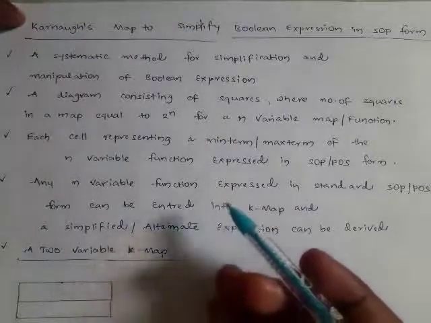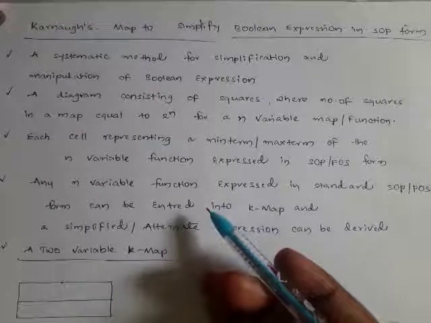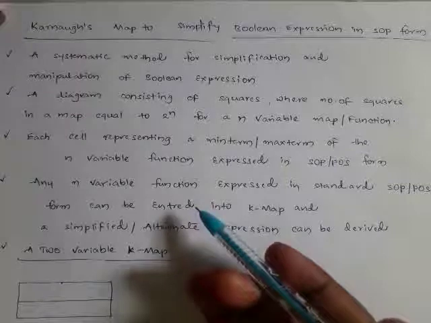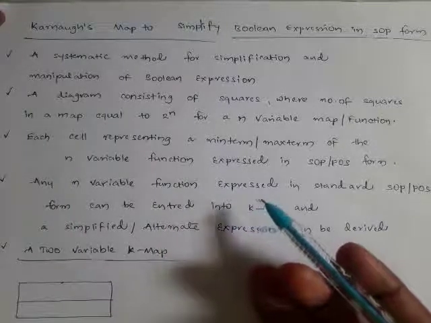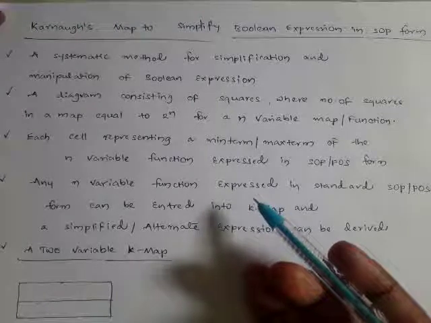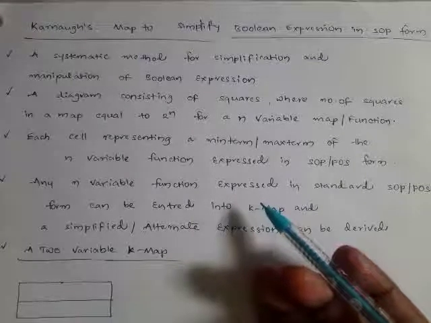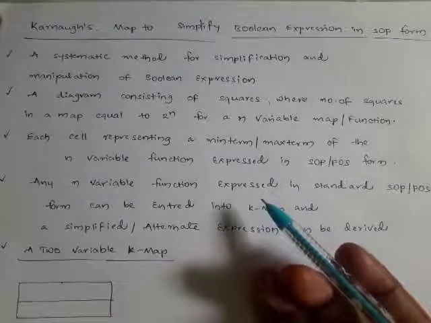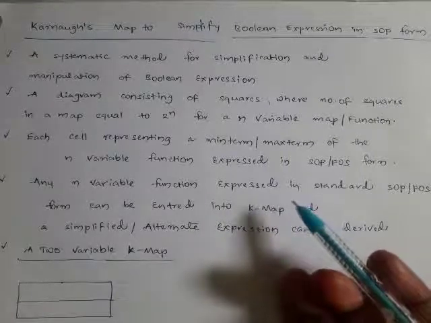But before going further, let us review that here we are using a map, or a diagram, called the K-map, which contains 2 power n squares corresponding to an n variable K-map, or to represent an n variable function, where each cell represents a minterm or maxterm when the function is expressed in standard sum of products or standard product of sums form.